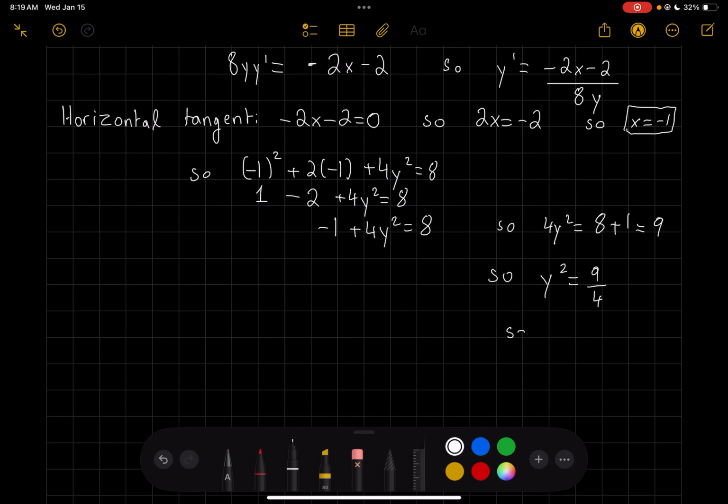So y is plus or minus 3 over 2. So for the horizontal tangent, I have 2 points: (-1, 3/2) and (-1, -3/2).